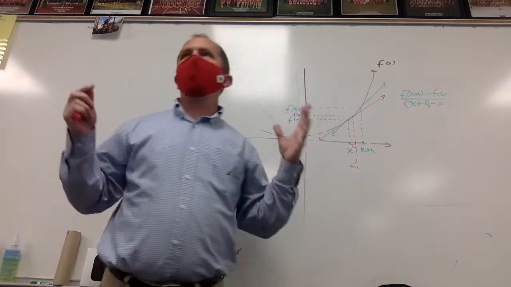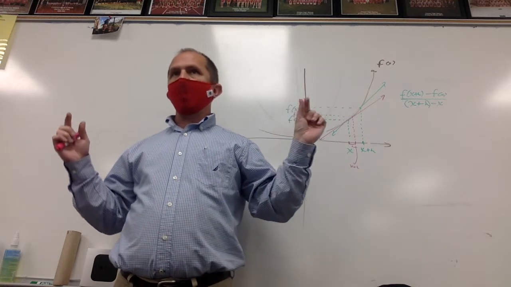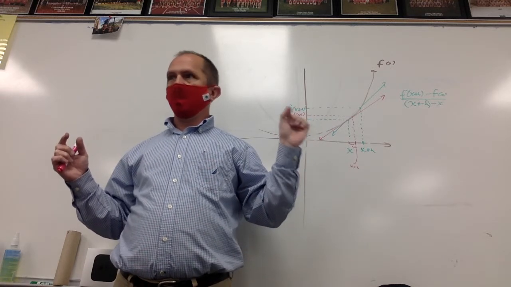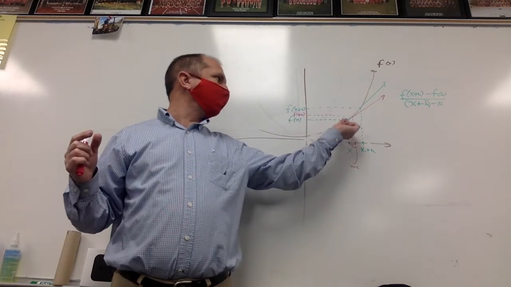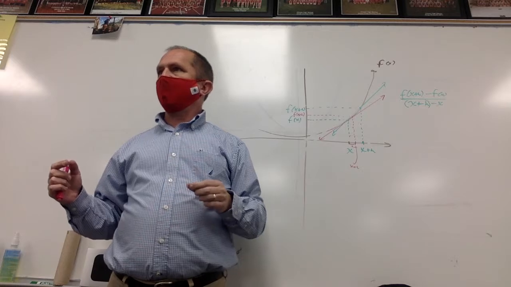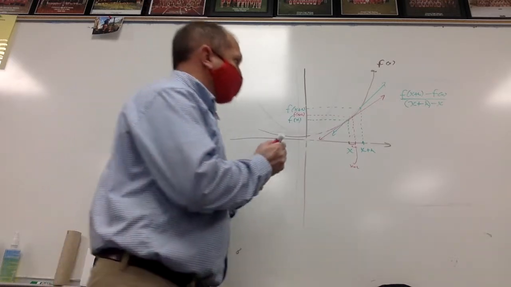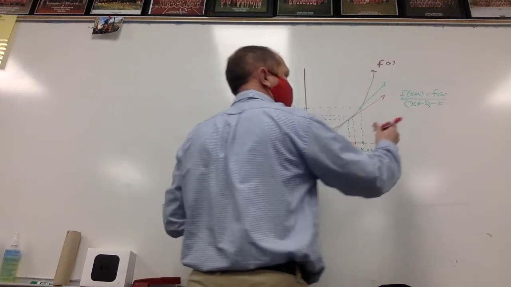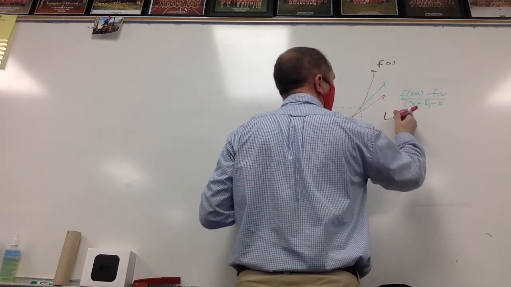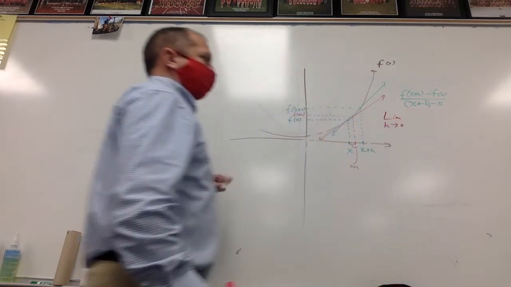And ultimately, we would love for that h value to be 0. Because if that h value is 0, then I'm on that same point, and I've got my slope here. So I need that h value to become 0.